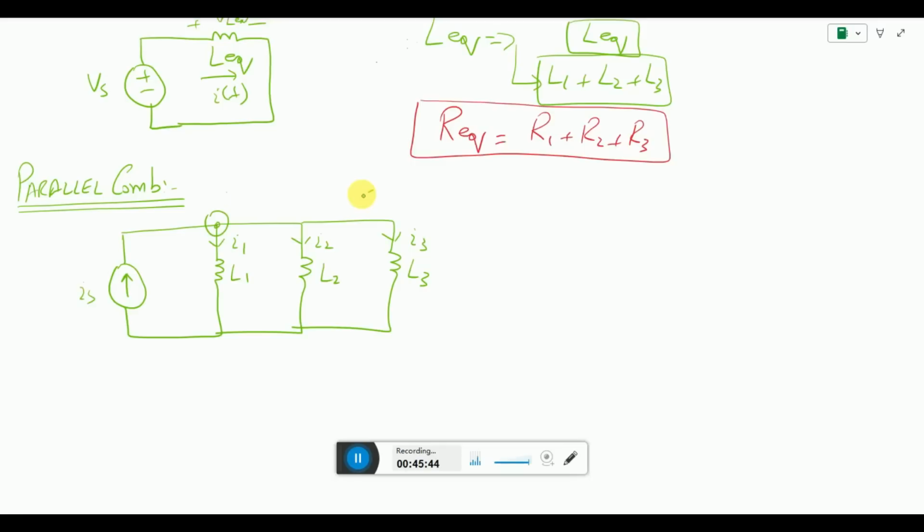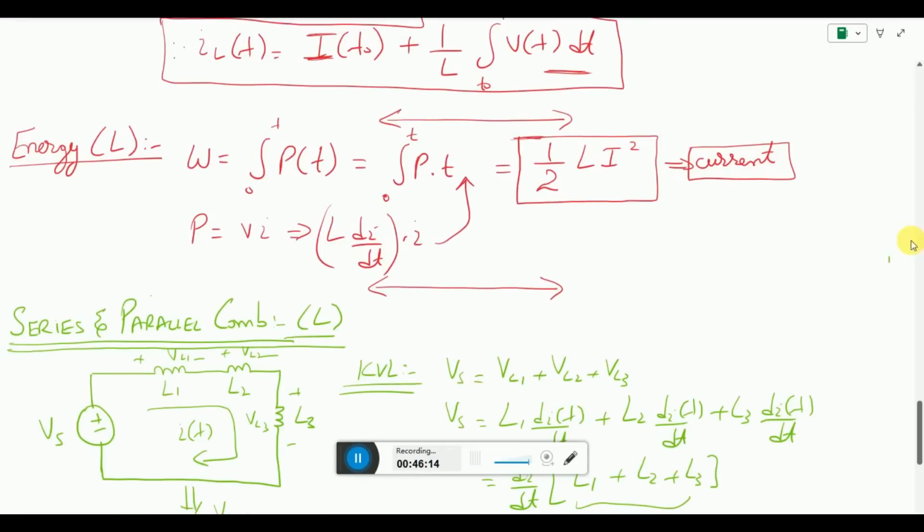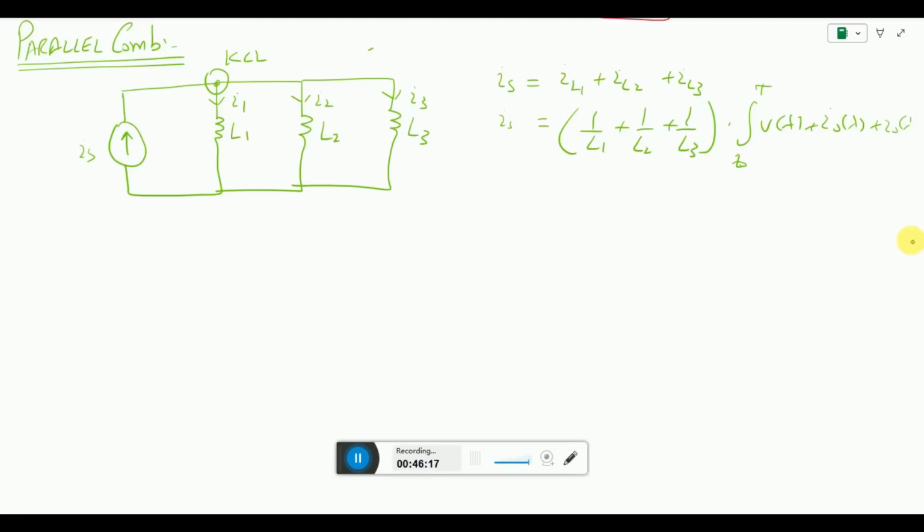If I apply KCL on any of the nodes, I get the equation I_S is equal to I_L1 plus I_L2 plus I_L3, and the simplified equation will be 1 by L1 plus 1 by L2 plus 1 by L3, followed by the voltage integral, V of t, plus the initial condition for the first, plus the initial condition for the second, plus the initial condition for the third.